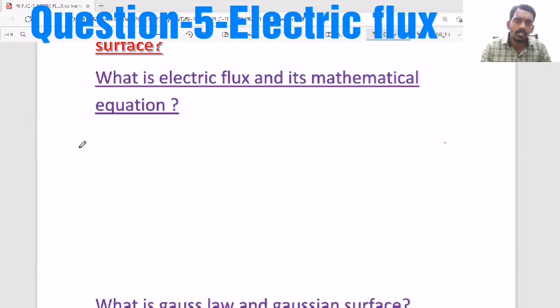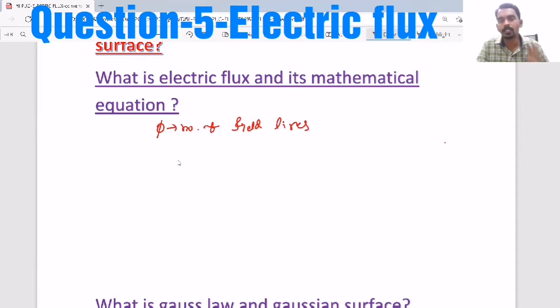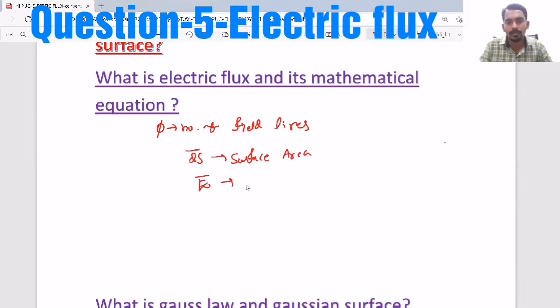So what is electric flux? Electric flux is nothing but the number of field lines crossing per unit cross section. Just like a number of field lines, it's just a number. For a particular surface, let's take the surface area as ds bar, and there is some electric field E bar.